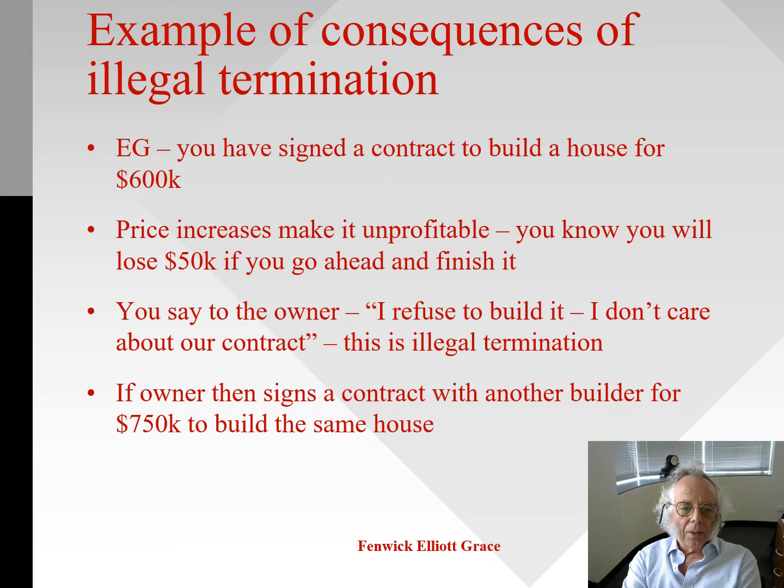And if the owner then goes away and signs a contract with another builder to build that house for $750,000, they've lost $150,000. And they can claim that $150,000 from you. They can turn around to you and say, you told me you were going to build it for $600,000. You didn't build it. It's cost me $750,000. You have to pay the difference. And that would result in a very expensive fight with the owner if you didn't pay the $150,000, and you would probably lose.